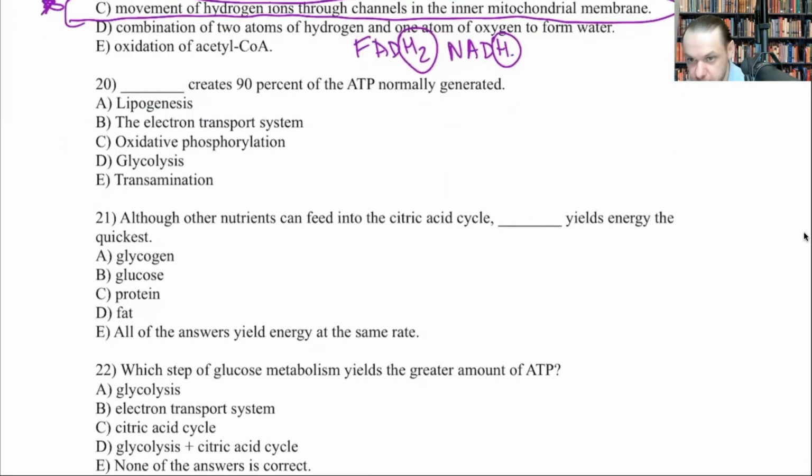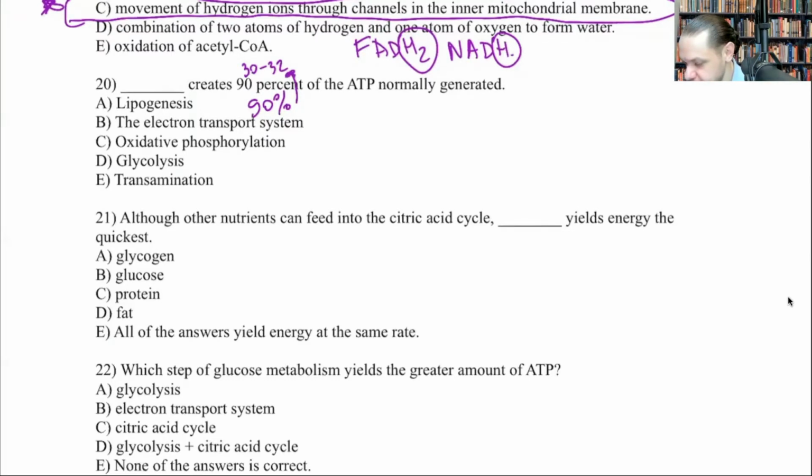All right, number 20, we go to Lindsay. Blank creates 90% of the ATP normally generated. So glycolysis is not 32. This is the number 90%. So out of this, where does 90% come from? C. What would you say?